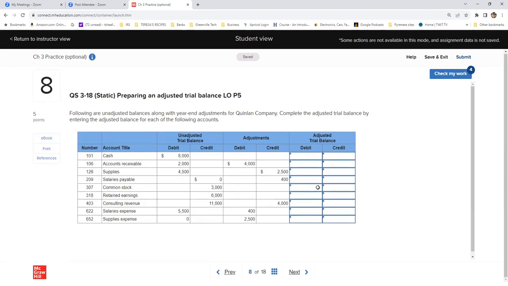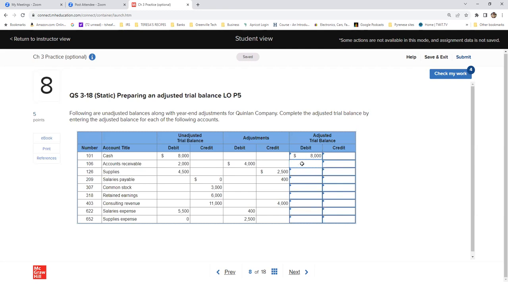All right, the following unadjusted balances, along with year-end adjustments for Quinlan Company, complete the adjusted trial balance by entering the adjusted balance for each of the accounts. So there are no adjustments for cash, so that's a debit to cash. That equals the same entry in the beginning. There is an accounts receivable, 2 entries.